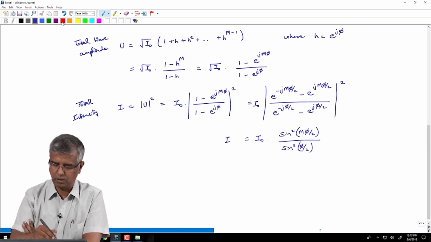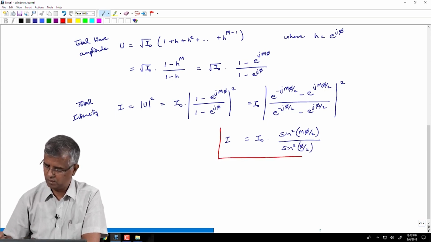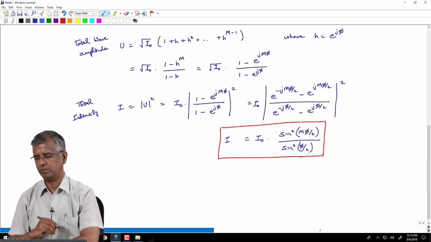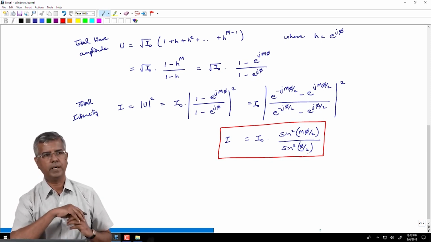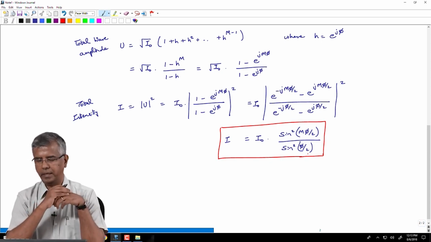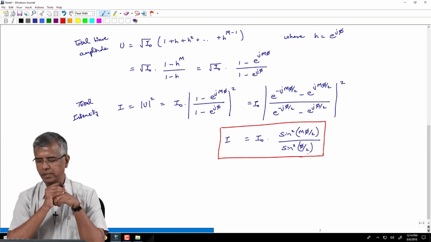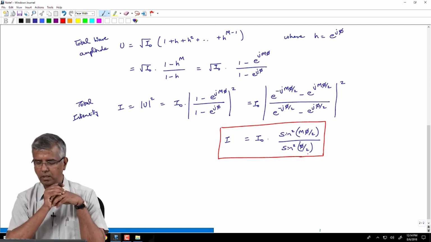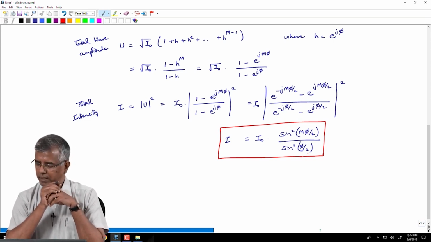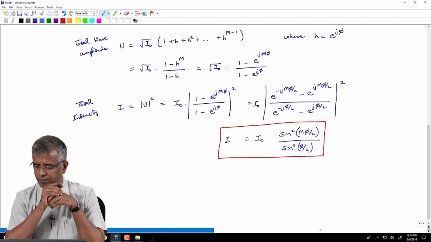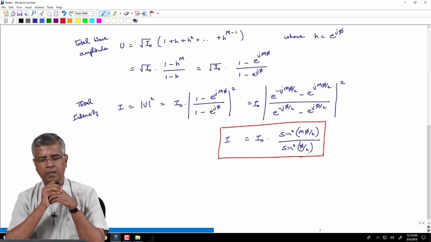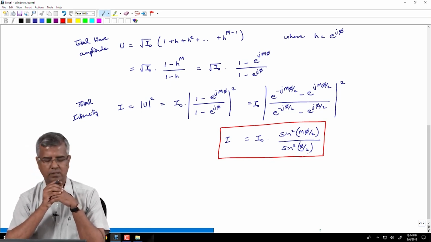That is my total intensity. This is the intensity that I am going to see in the observation plane, that is in the far field. Now let us go ahead and plot this function and try to get some physical idea of what this represents.